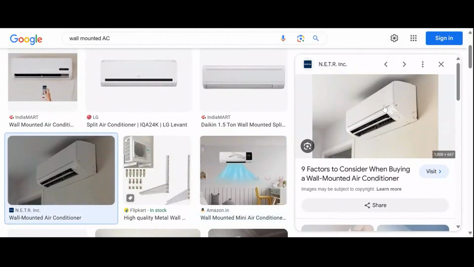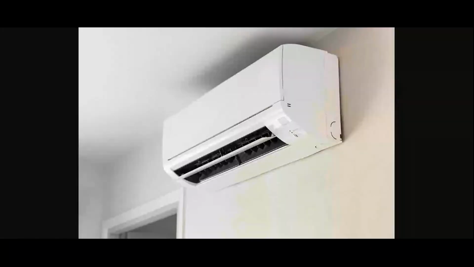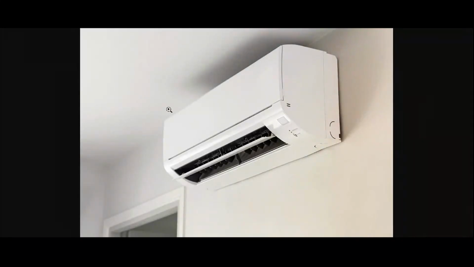Okay. So wall mounted पे क्या होता है ना, so wall mounted पे this installation is extremely wrong, whatever you are able to see on the screen.